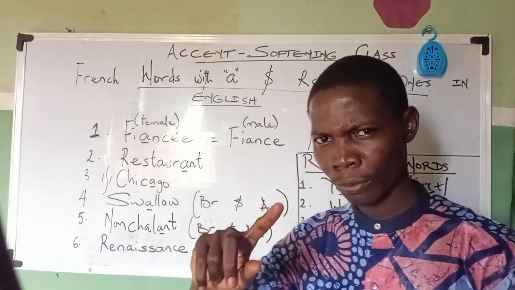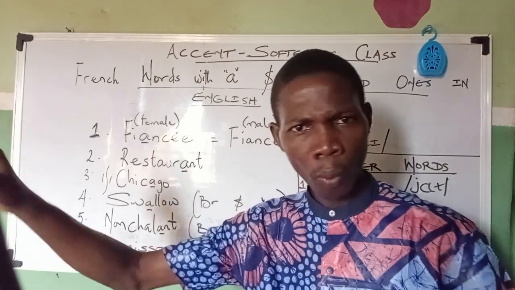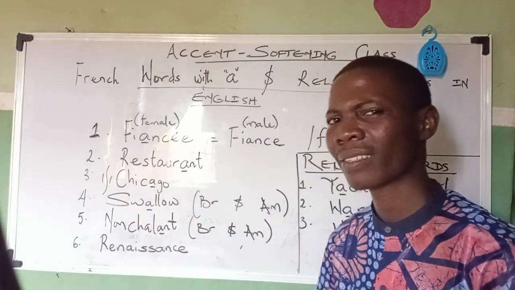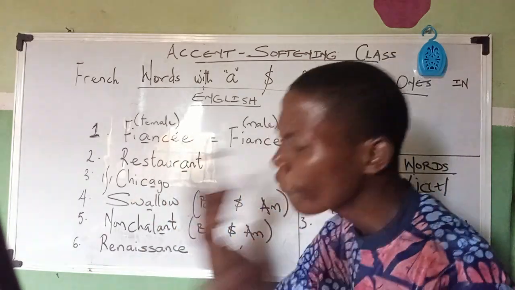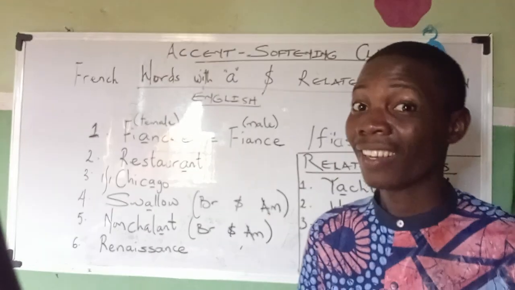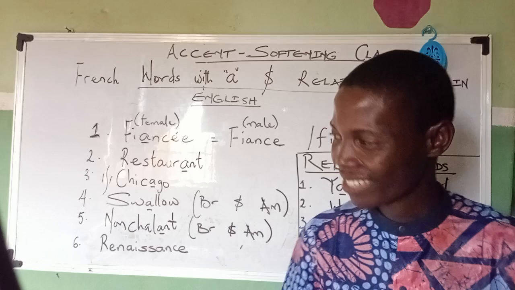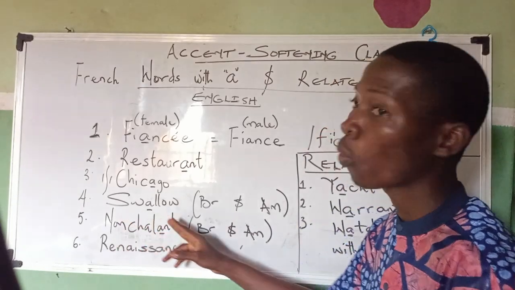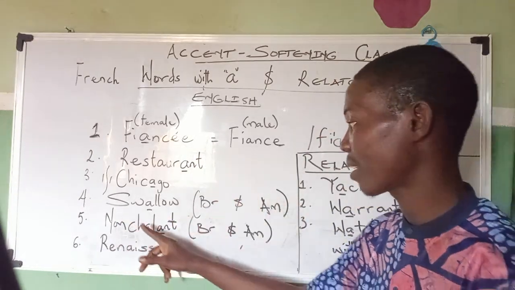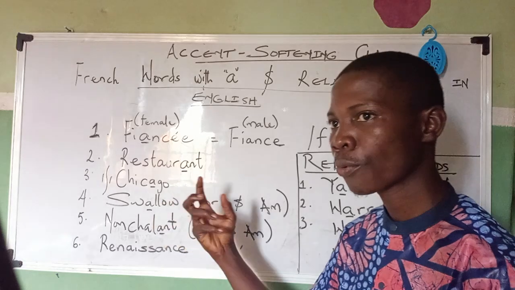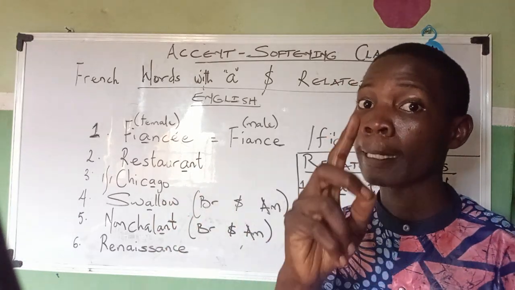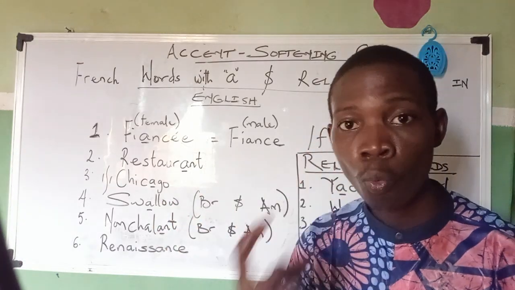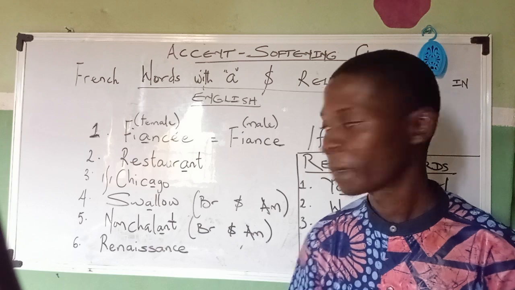Now, I didn't say we should do away with American. We can't do away with American English. It already has influence on us, and we cannot ignore it. So let's get back again. The word is swallow. We don't waste time on that. Swallow in American, but swallow in British.